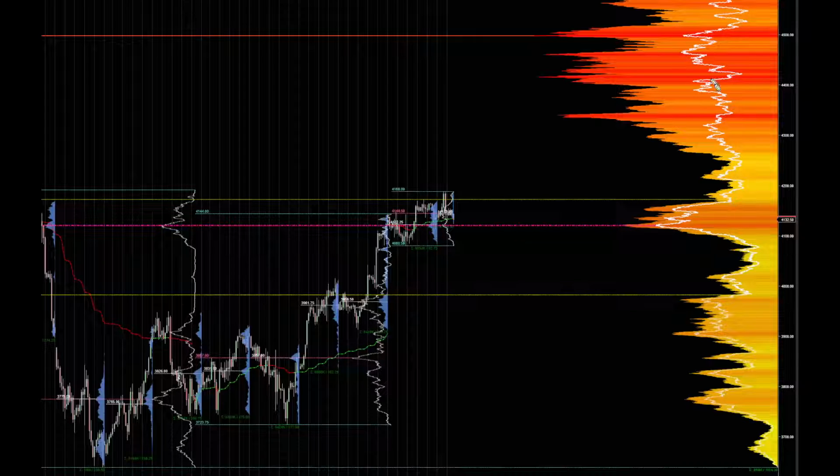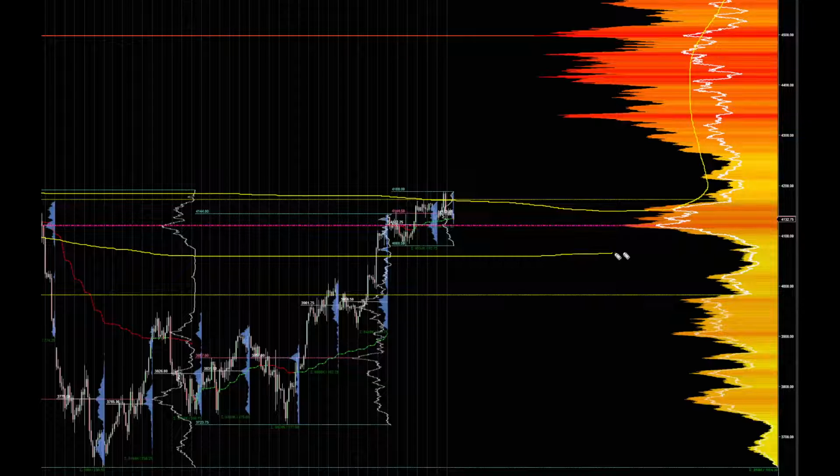It's very easy to see here. If you look at the profile, I'll just show you it again in the white. My system plots it right here, and this pink line is the most traded price of the year. That's 41.20. We are right here right now.